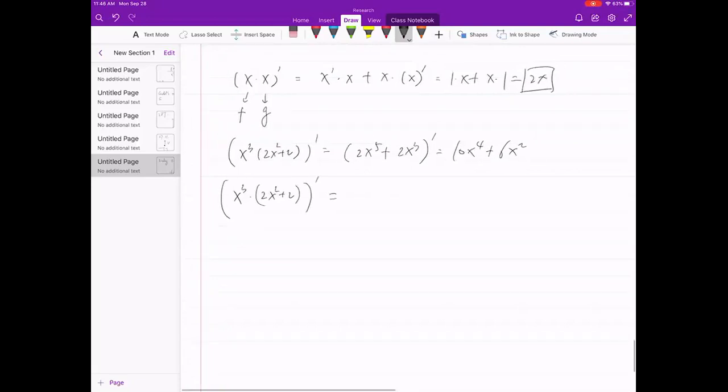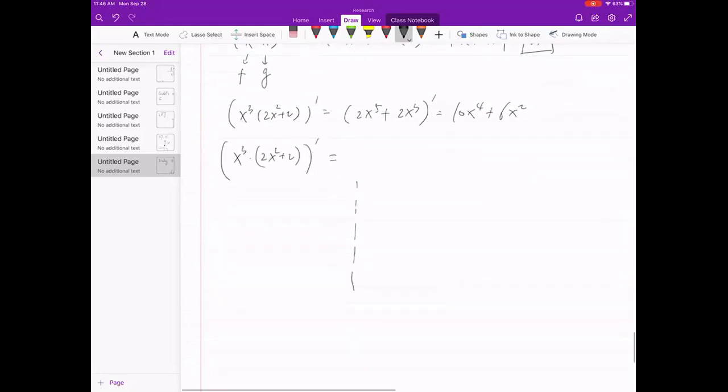Because we're new to this, I'm going to write on a table. You don't have to do it for every problem you have from now on. I assign my f to be this. Therefore, my f prime is 3x squared. I assign my g is this. Therefore, my g prime is 4x plus 0.